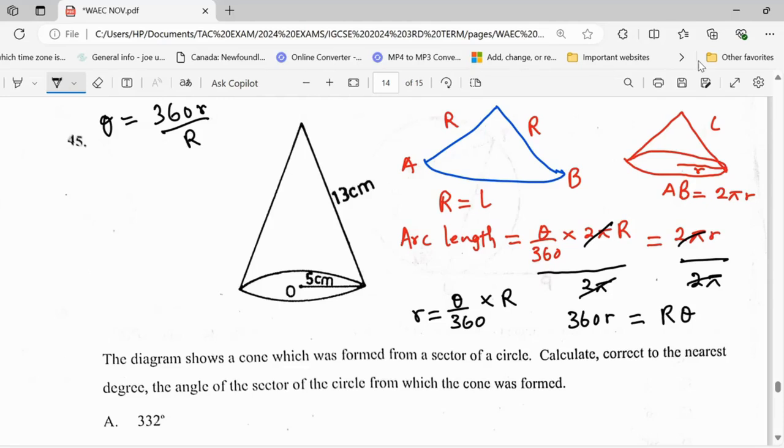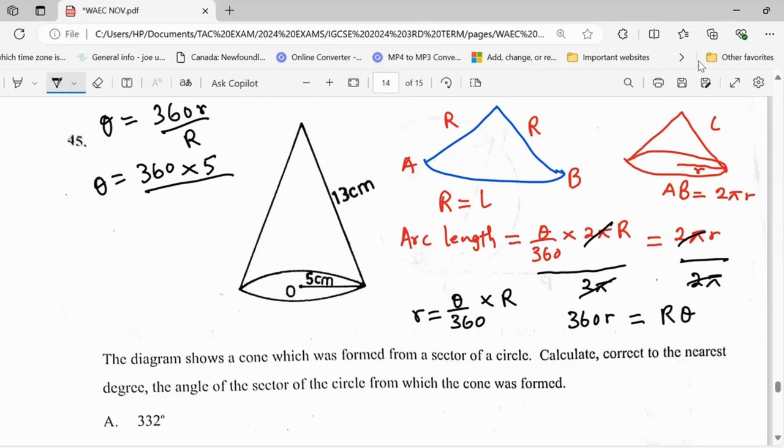Now, using this formula we generated to find the angle of the sector, it's going to give us 360 times the radius of the cone, which is 5 here. So times 5 all over big R, which is the radius of the sector.